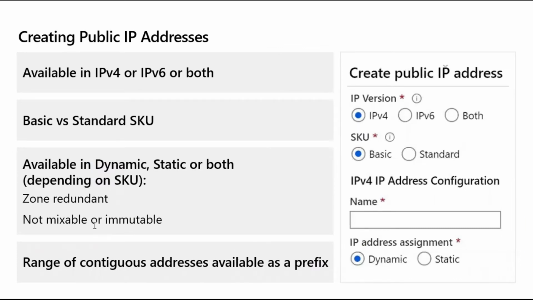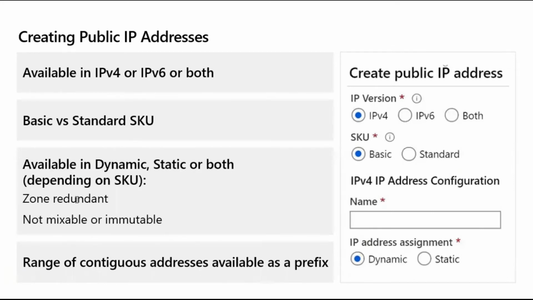Now, creating a public IP address. By default, Azure will provide one public address for your resources. But if you'd like to create one, you can create a public IP address as well. Available in IPv4 or IPv6 in both Basic or Standard SKU. Available in dynamic, static, or both, depending on SKU.